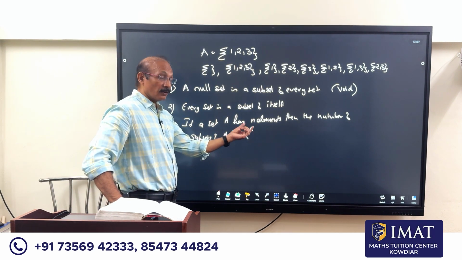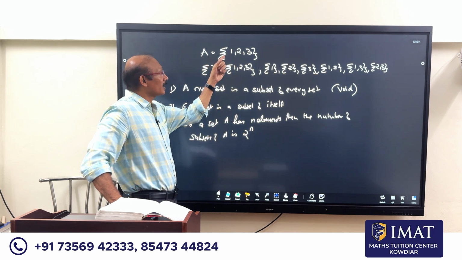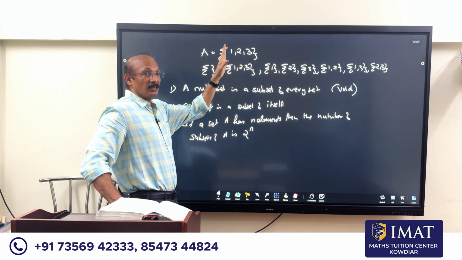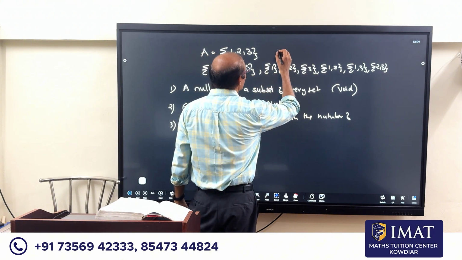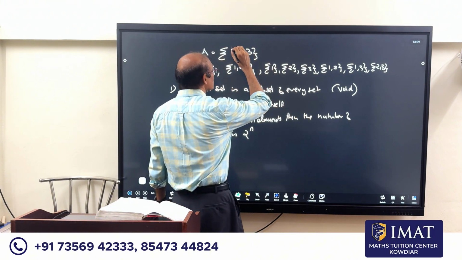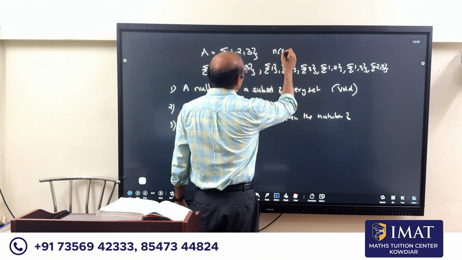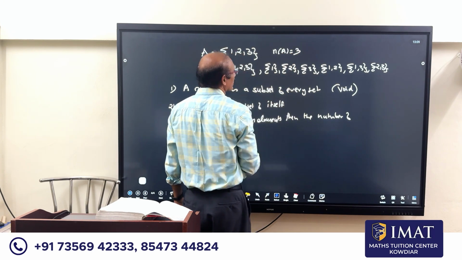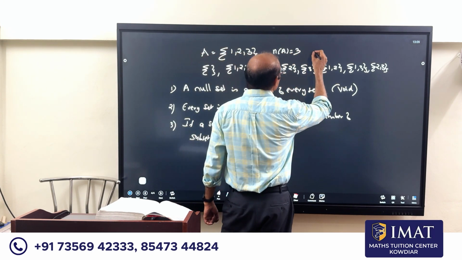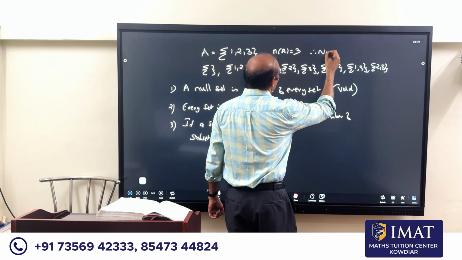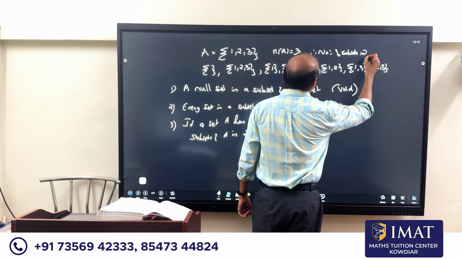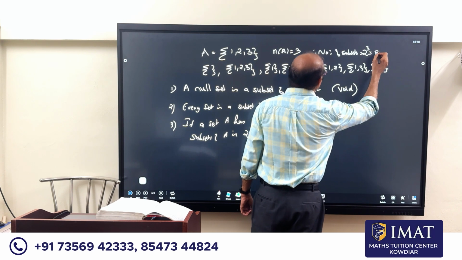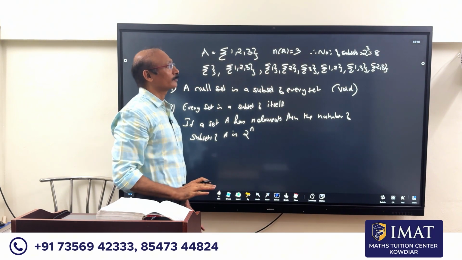What does n stand for? The number of elements. Now see, set A has how many elements? 3 elements. So what will be the number of subsets of the set? The number of elements of set A is 3. So the number of subsets, the formula says, is 2 raised to n, or 2 raised to 3, which is 8. That's what we have seen here.